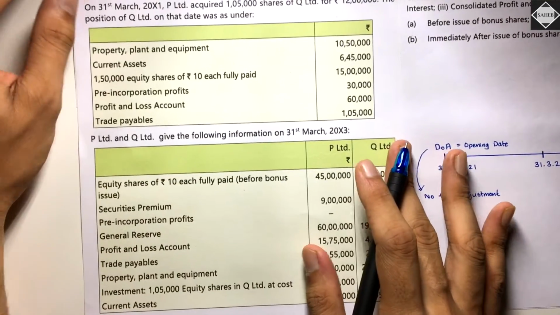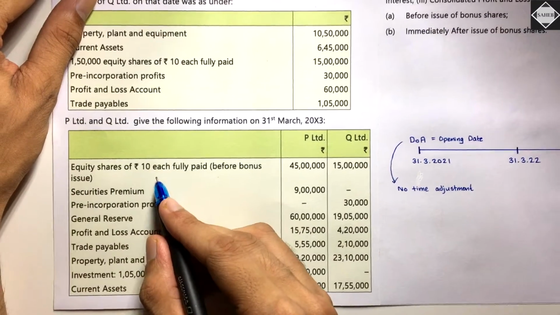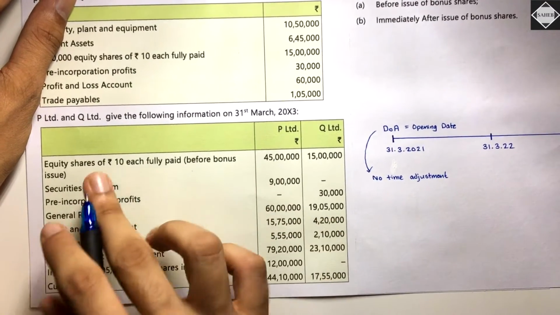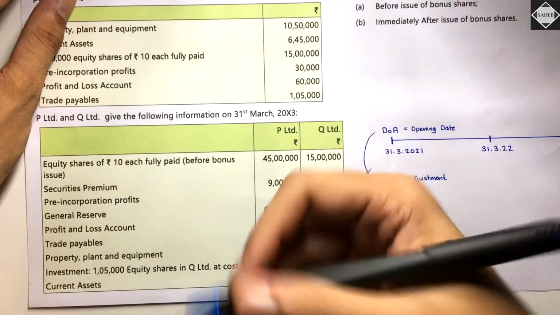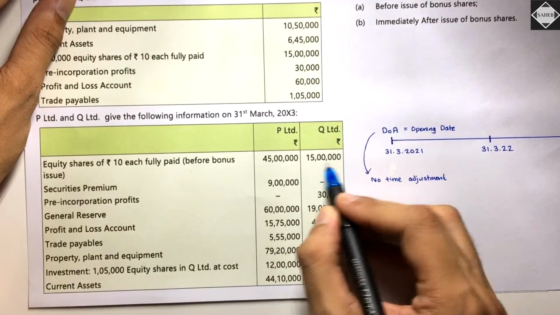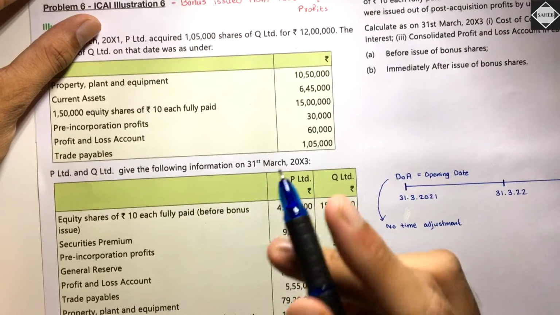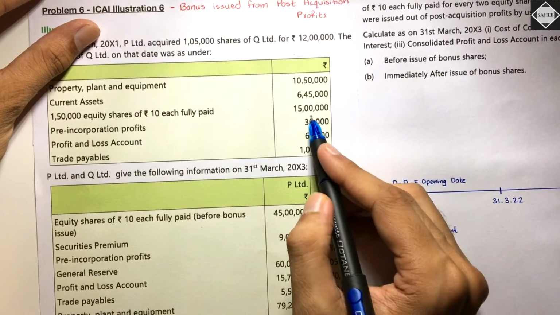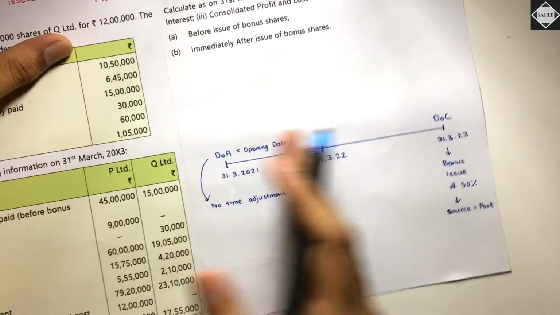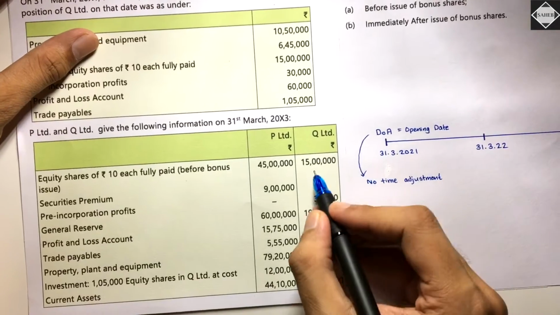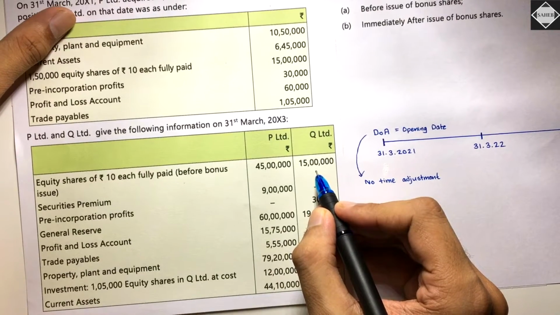Okay, so see, equity shares of rupees 10 each, fully paid before bonus issue, 45 lakh in P, and in Q Limited it is 15 lakh. So you have to understand, on the date of acquisition the capital was 15 lakh, and then after 2 years also they are saying the capital is 15 lakh only. So what does that mean?